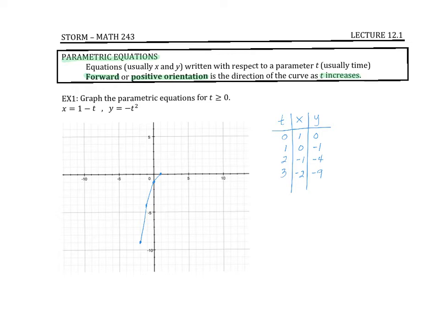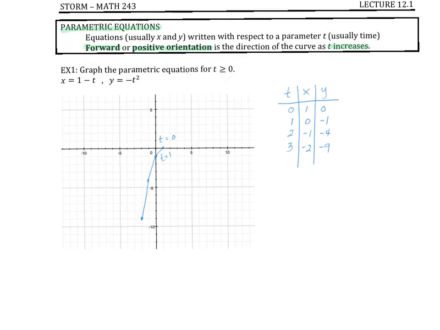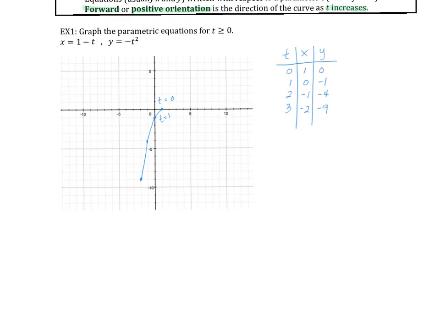So let's talk about how we label our graph. Well, we typically will label it with the t values. So when t is equal to 0, we're at our first point. When t is equal to 1, we're at the next point, and so on. And here we have t is equal to 2, t is equal to 3.